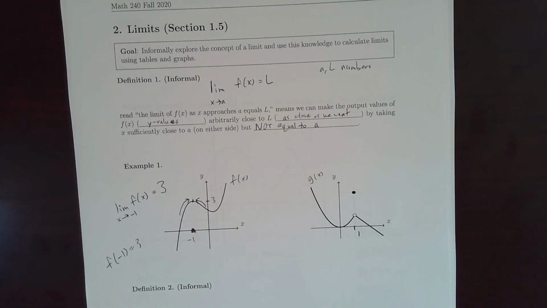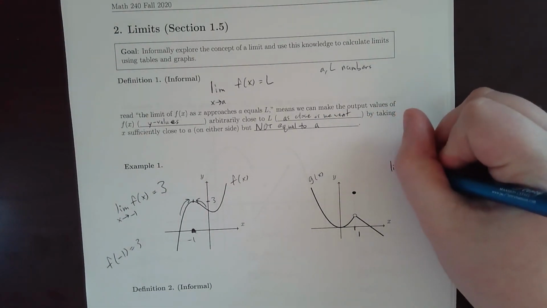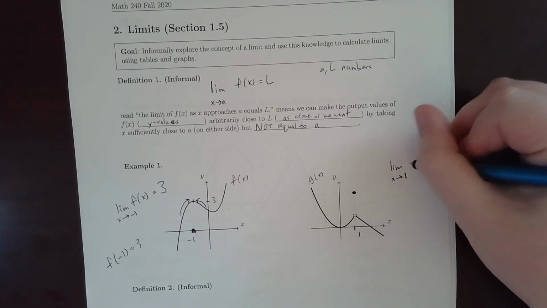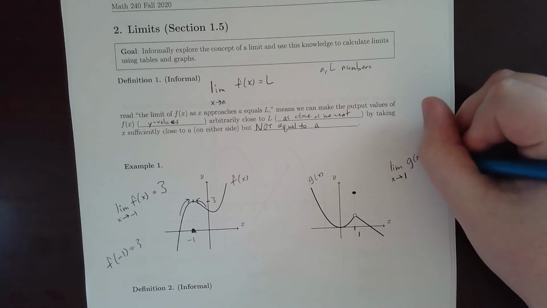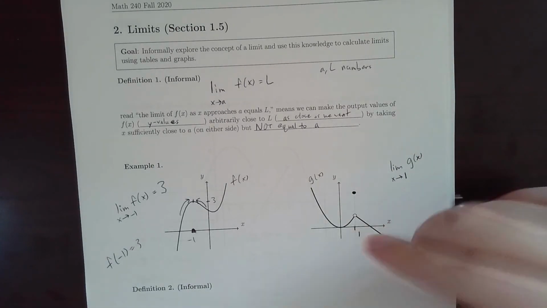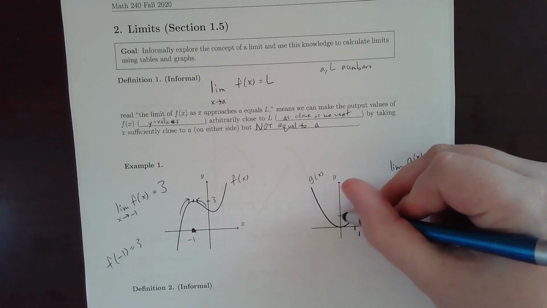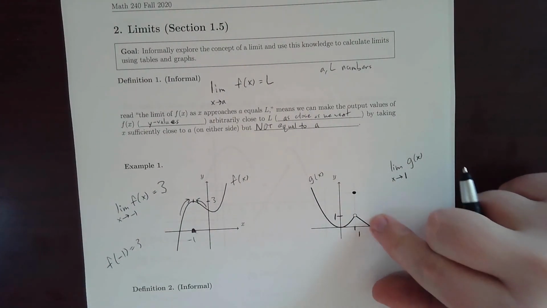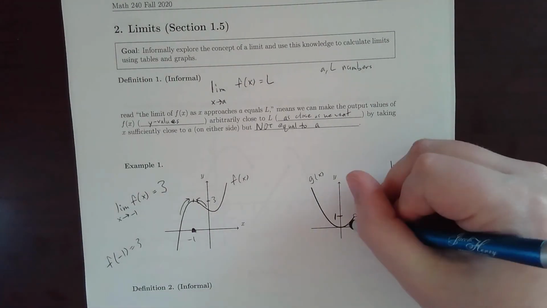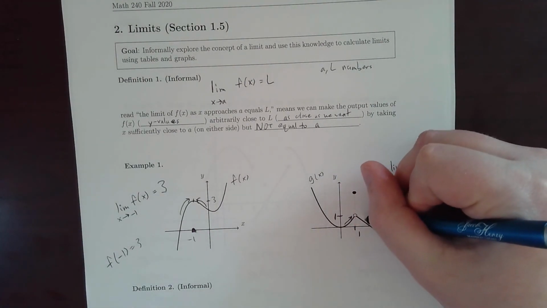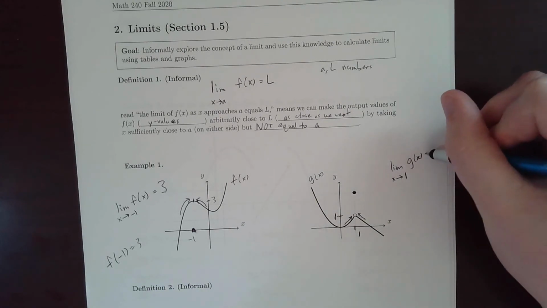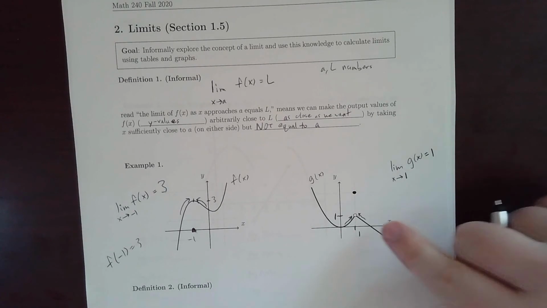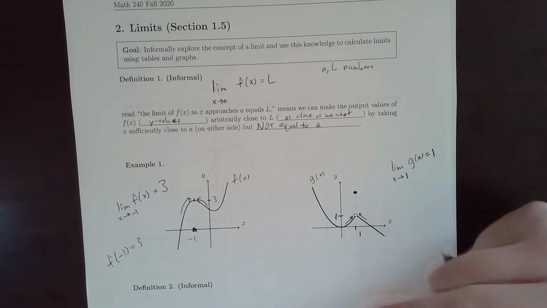If we wanted to look at the limit as x approaches 1, we're looking at what the y values look like they're going to be as we get closer and closer. Here it looks as though they're getting closer and closer to a y value of 1 when we come in from the left and from the right. So we would say that the limit as x approaches 1 of g of x is 1, because that's the y value they look like they're getting closer to.